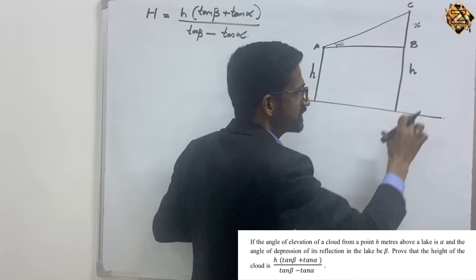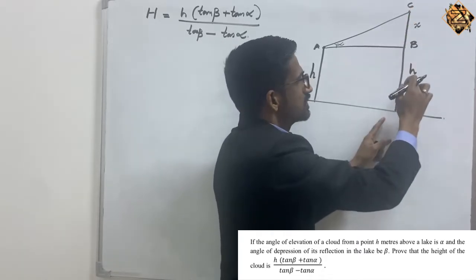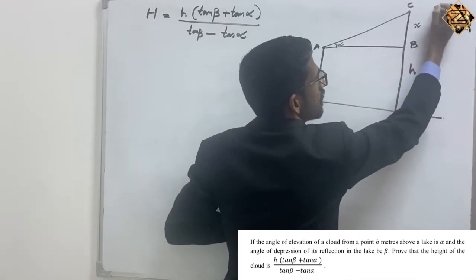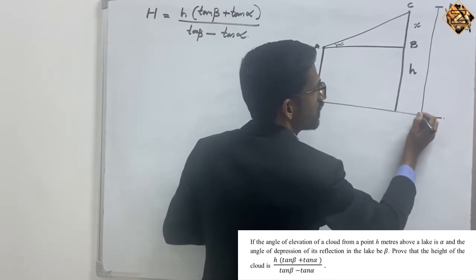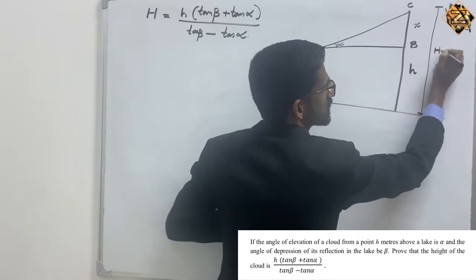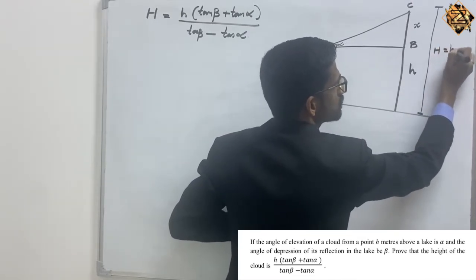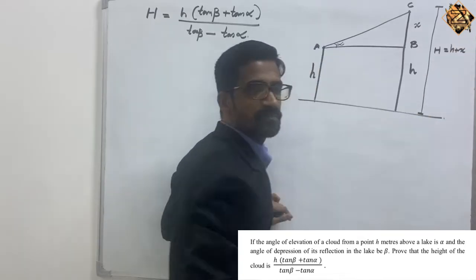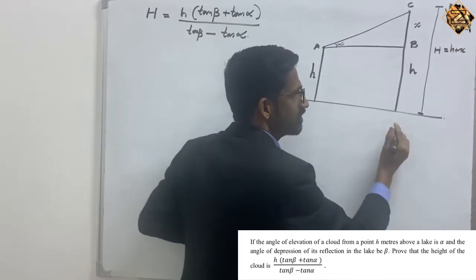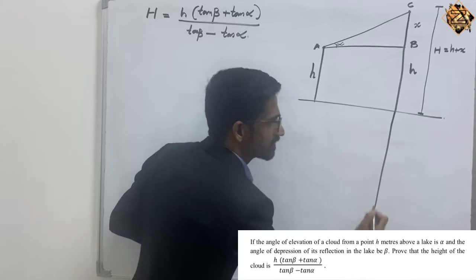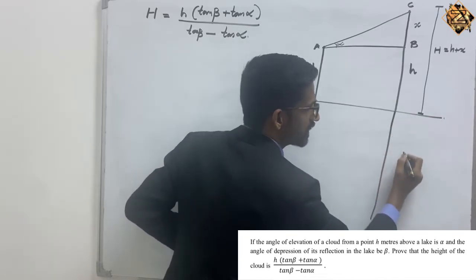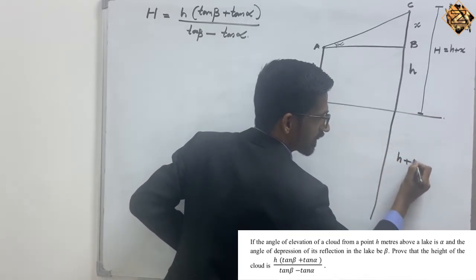It will be the same height, same length, isn't it? The height from here to here we can consider as h, and h plus x in total. So the same height will be the reflection in the lake, isn't it? So this much length it will be h plus x.